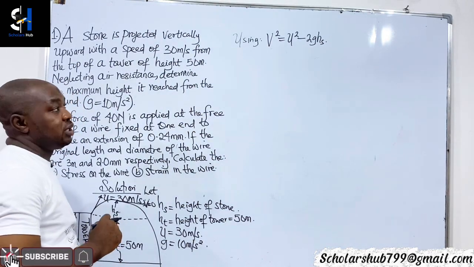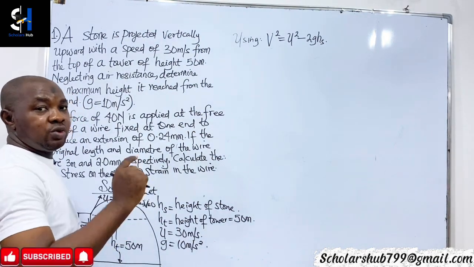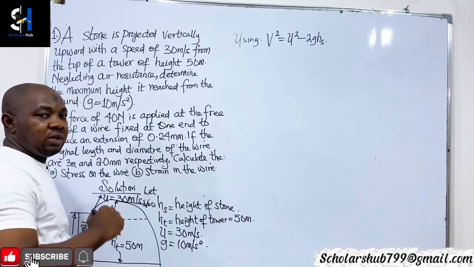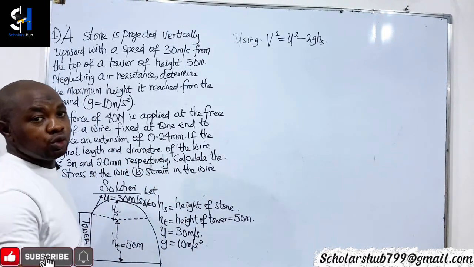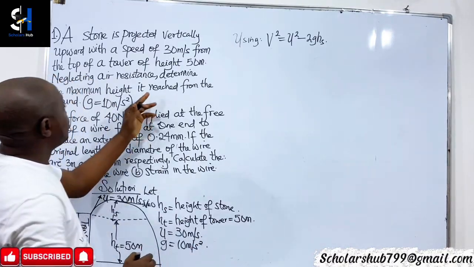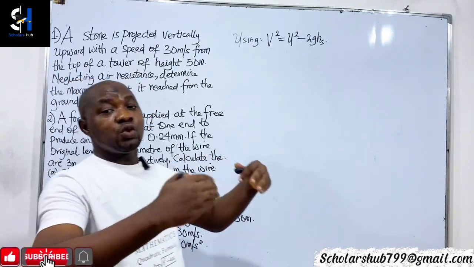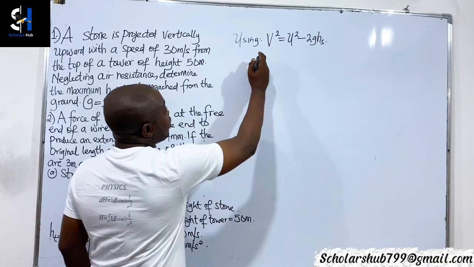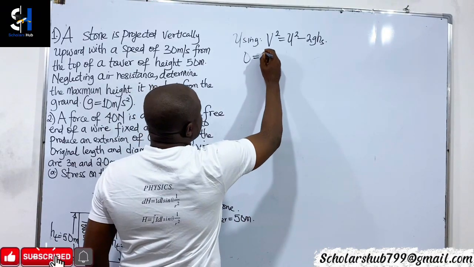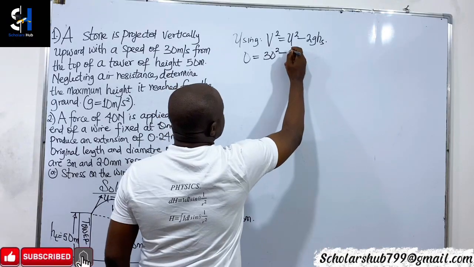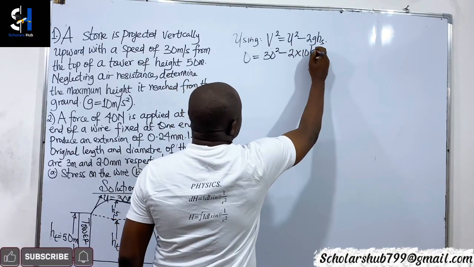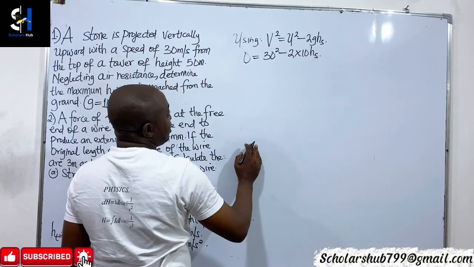Remember, we want to calculate the height of the stone, and when we know it, we add the height of the tower to determine the maximum height the stone reached from the ground. So v is 0, u is 30, so we have 0 equals 30 squared minus 2 multiplied by 10 multiplied by h subscript s.